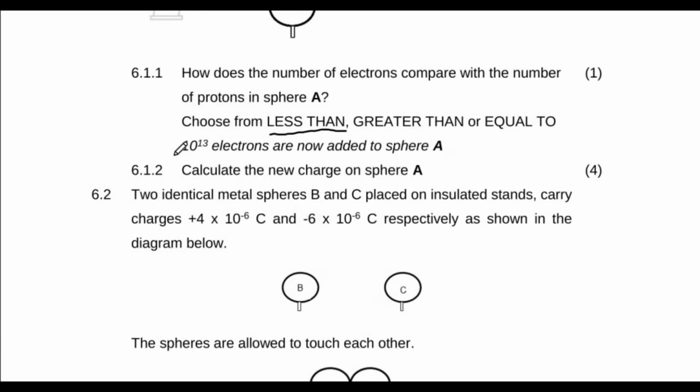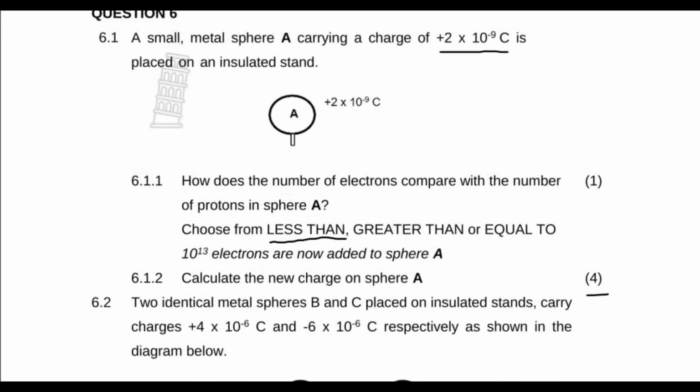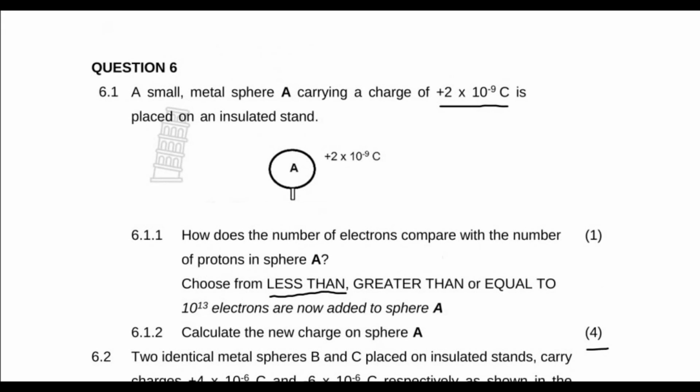And now they say 10 to the power of 13 electrons are now added to sphere A. So we take electrons, we put them in sphere A. You need to calculate the new charge on sphere A, that is 4 marks. So how do we do that? We will use an equation for charge quantization.